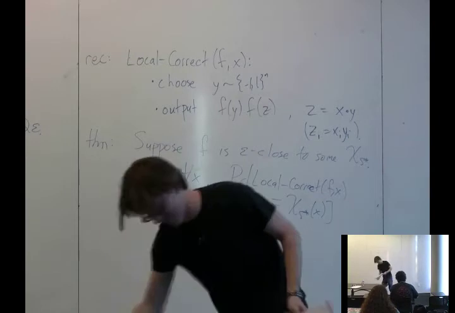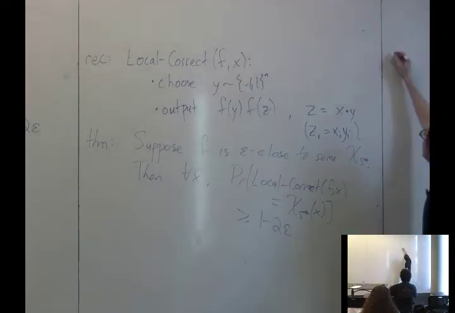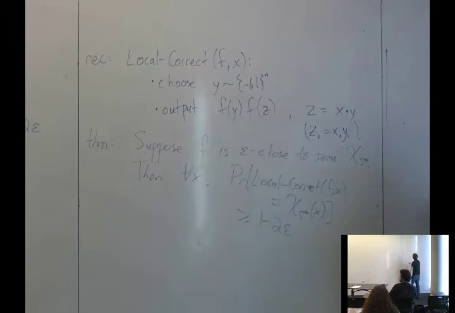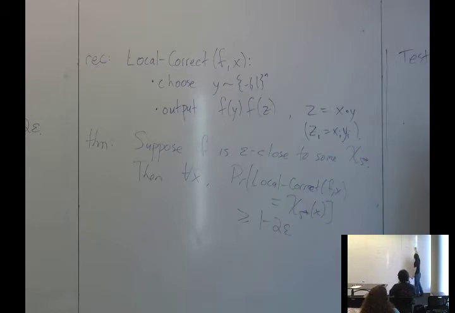Okay. So that was testing parities. And now, as I mentioned at the beginning of the class, what we really want to ultimately talk about today is local testing dictatorship. So this is the class D of all dictator functions.